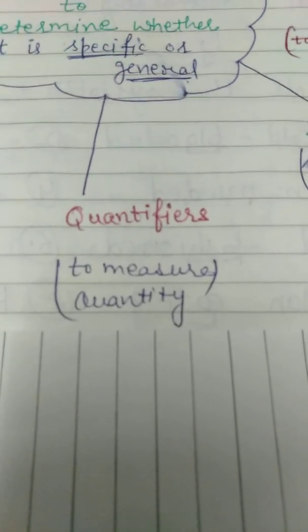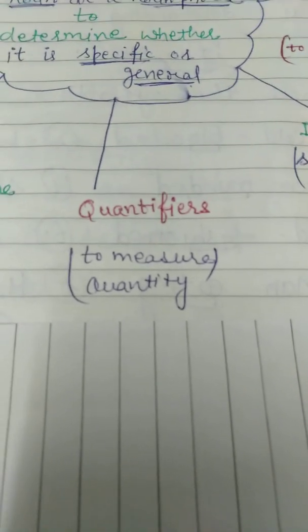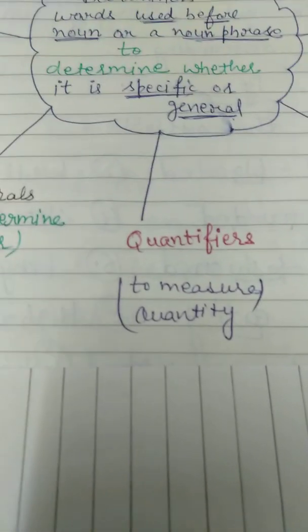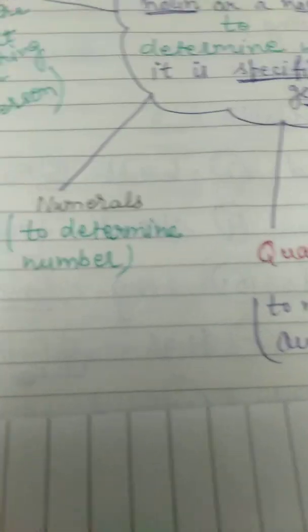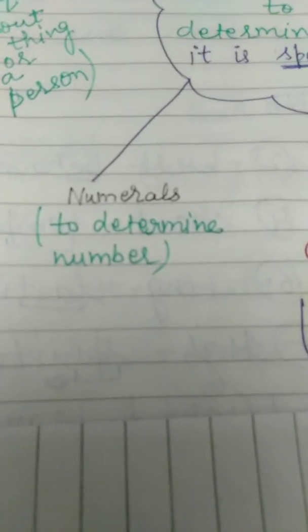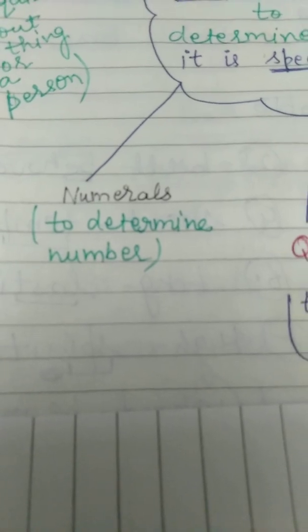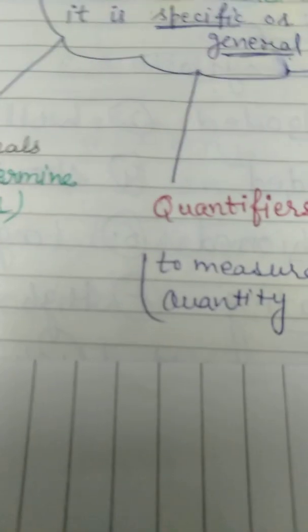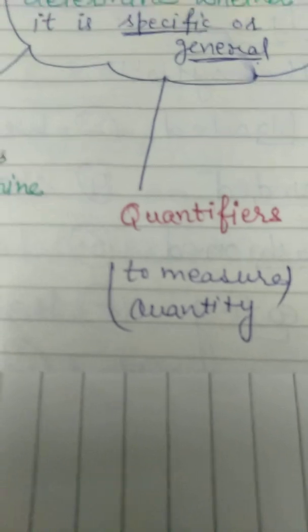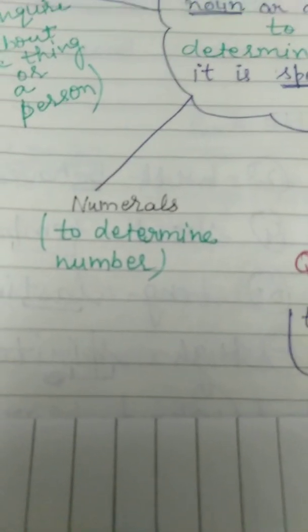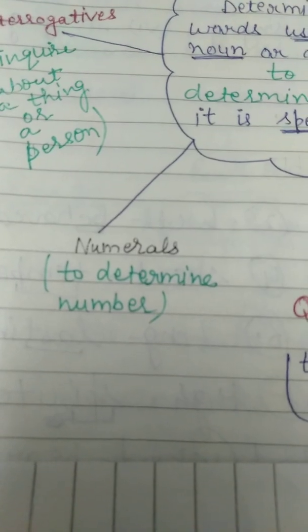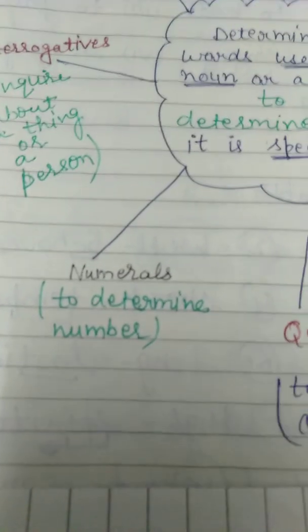So they tell us about the quantity, to measure quantity. Quantifiers are used to measure the quantity. And the next is numerals. Numerals to determine numbers, as the quantifiers determine the quantity and the numerals determine the numbers, how many, 1 2 3, first, second, third, like this.